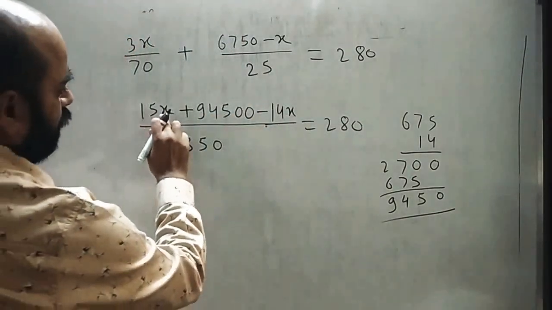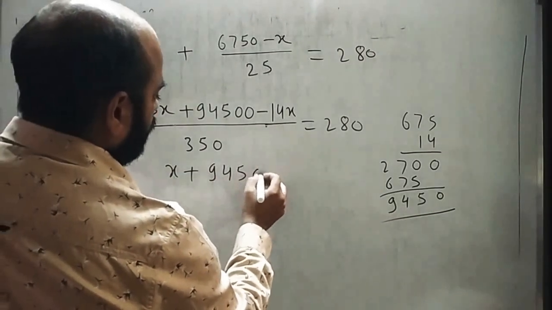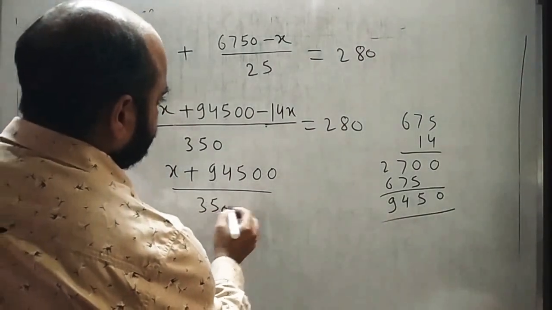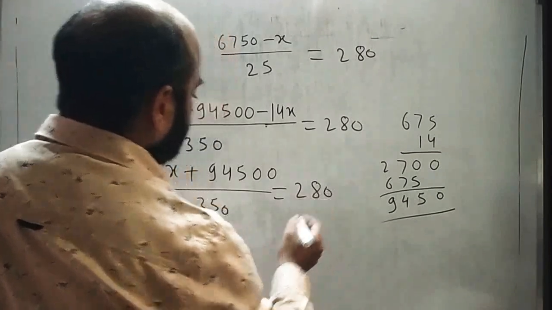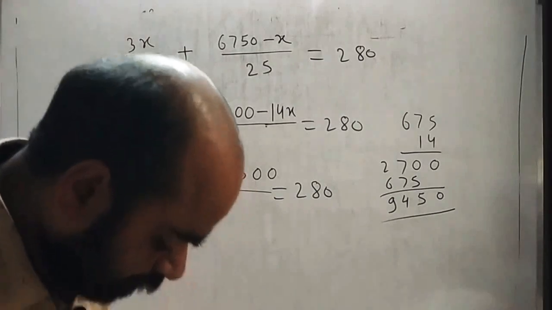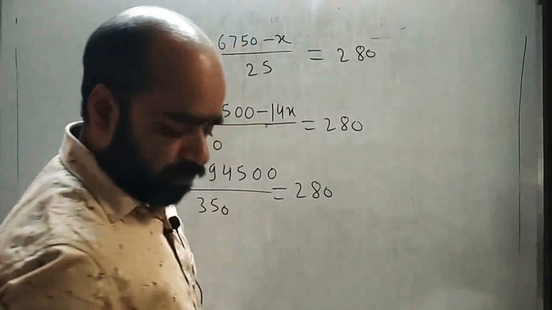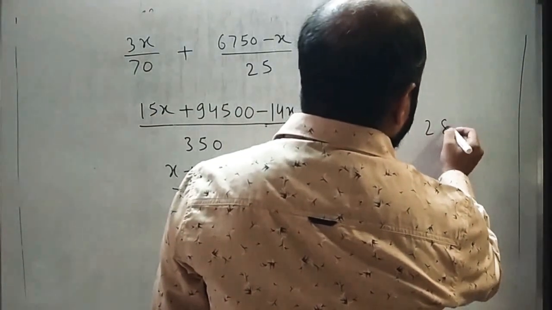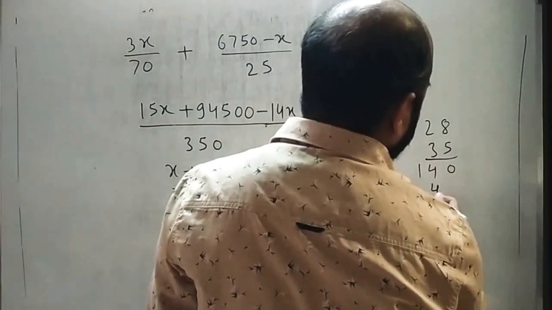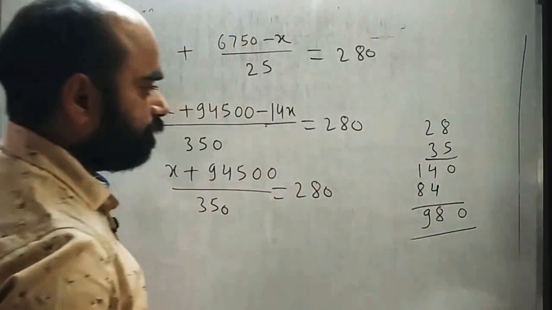So this will give 15x minus 14x, x plus 94500 upon 350 is equal to 280. Again we have to multiply 280 and 350, what will come? So 98000. Correct, this will come.